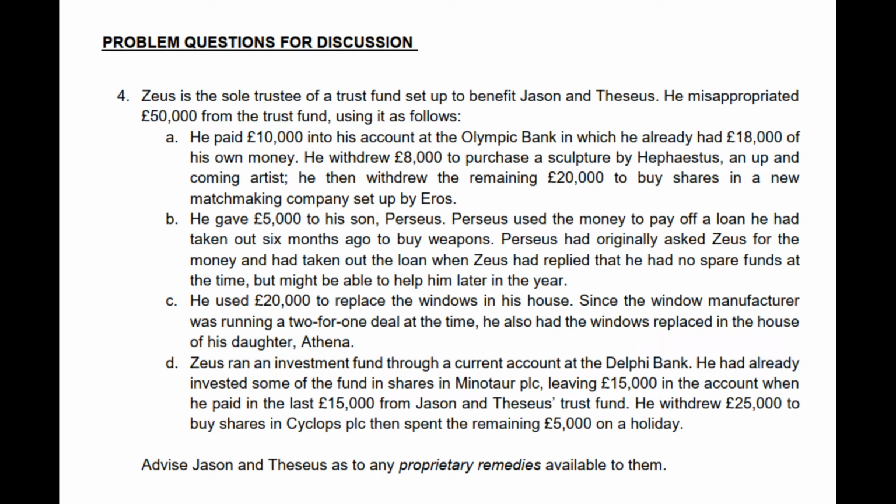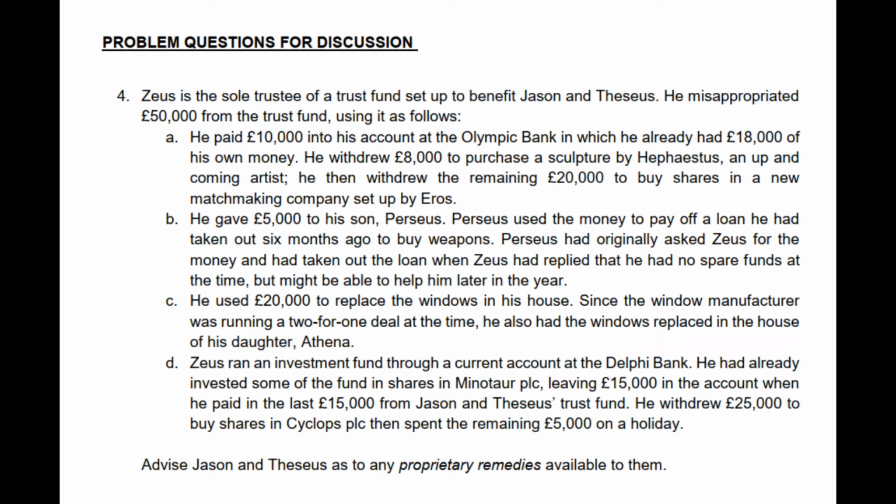Tracing allows that where there's been a breach of a fiduciary duty due to a misappropriation of trust property, and the trust wants to identify where that property is or where its equivalent is, they can establish either a personal or a proprietary claim over the property.